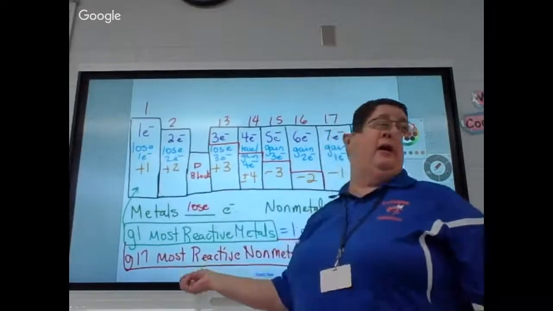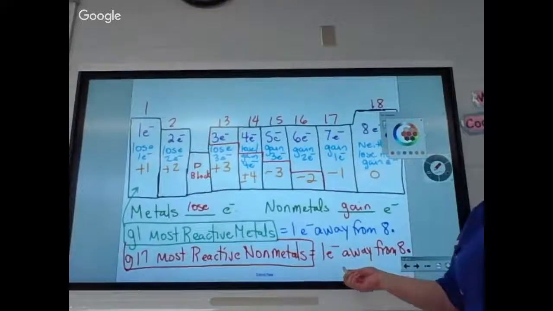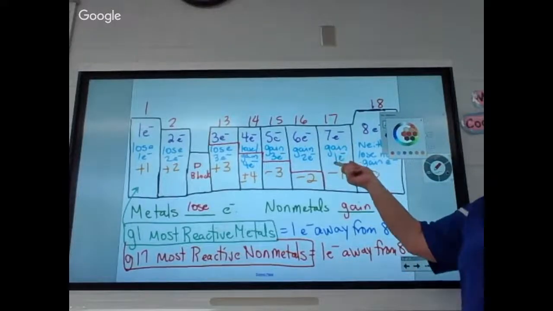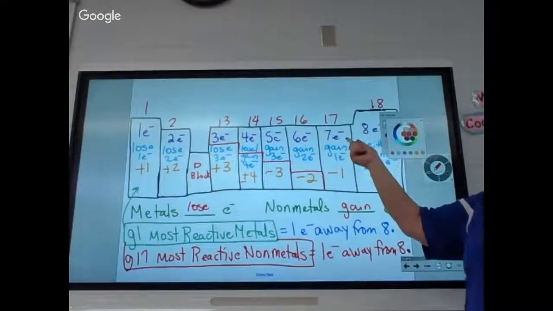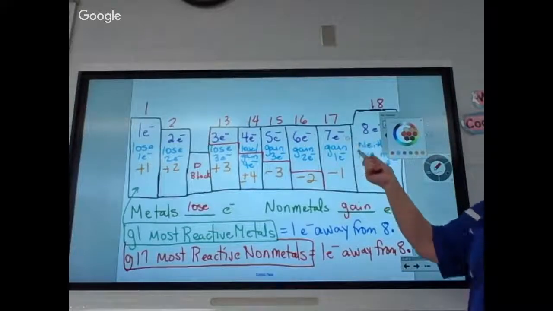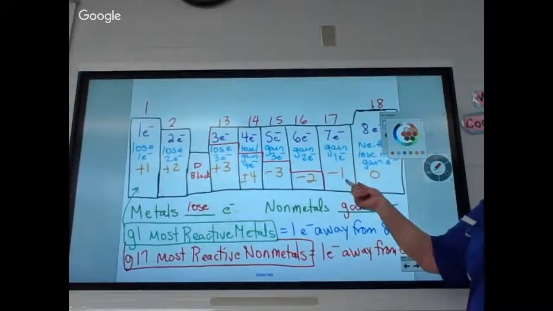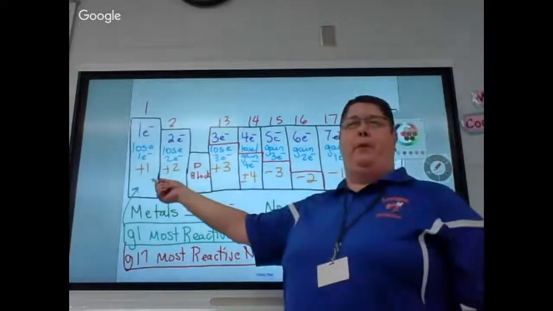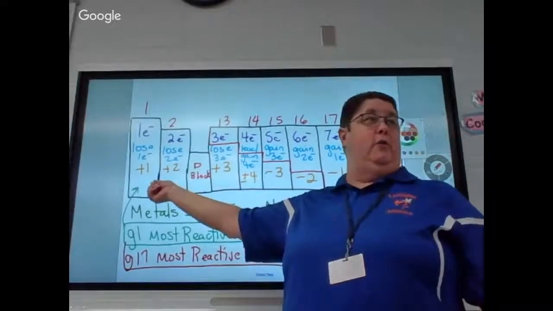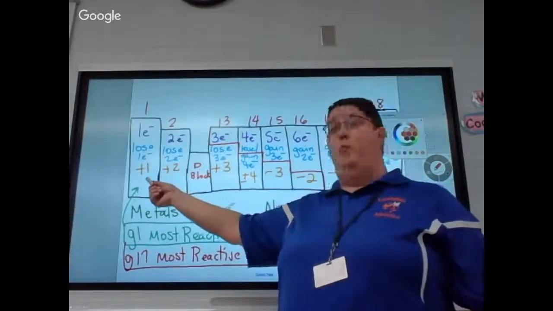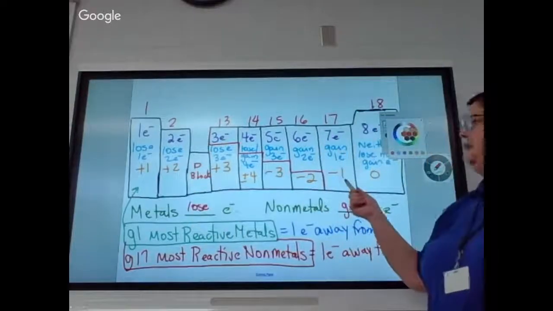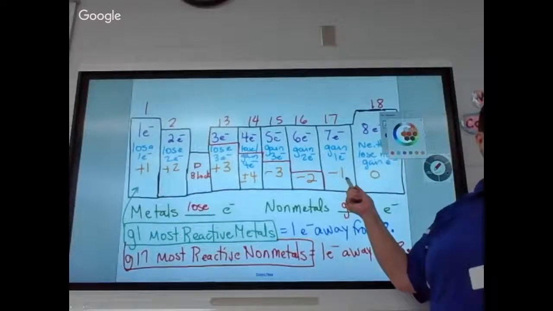This group down here just needs to do what? It has how many? It has 7. It only needs 1. So it's taking from anybody who is offering. They're not picky, okay? They will take it from anybody who is offering up some electrons. Okay? So it loves the people in this group. So when we talk about bonding, group 1 and group 17 love each other.